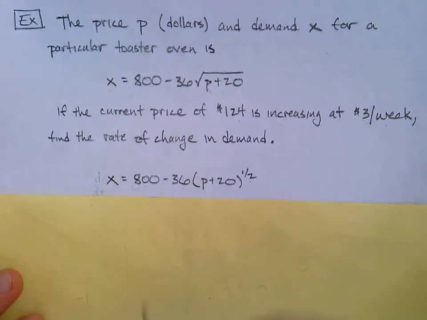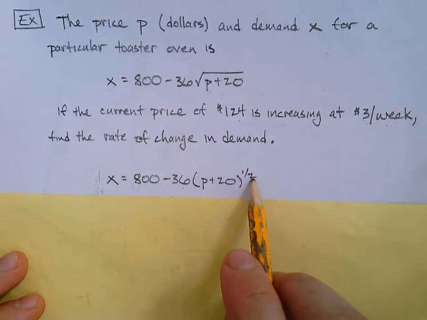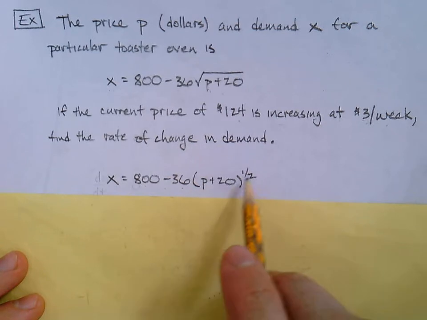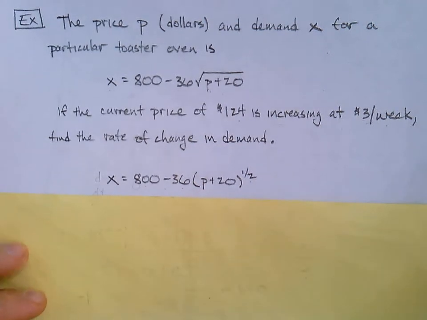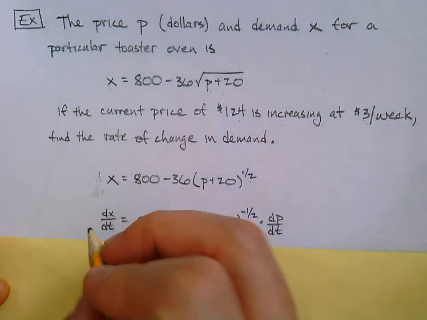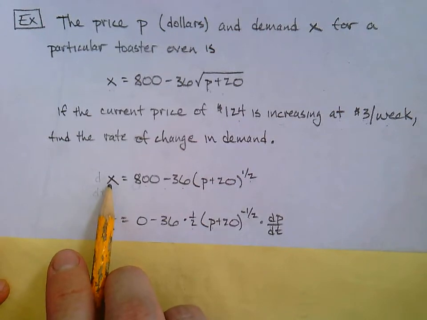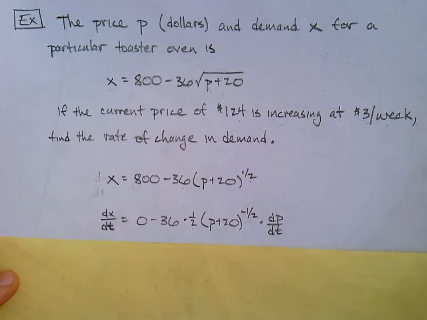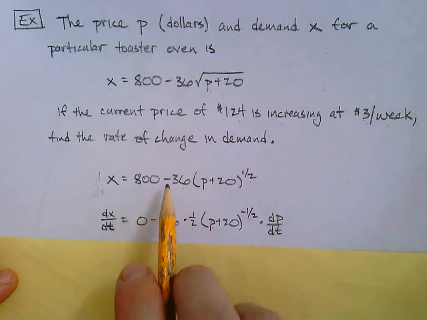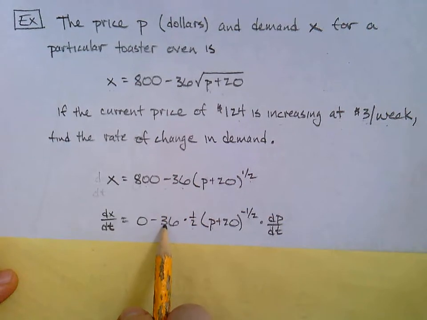Probably first thing we want to do is think of that square root as raising to the 1/2. So X equals 800 minus 36 times (P plus 20) all raised to the 1/2. Okay, and now we can take our derivative with respect to t. The derivative of x is simply dx over dt. And if we do the rest, the derivative of 800 is 0, minus the 36 is a constant multiple, so that's just carried out.